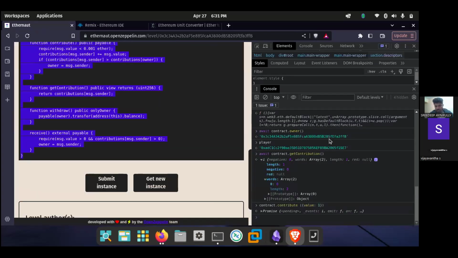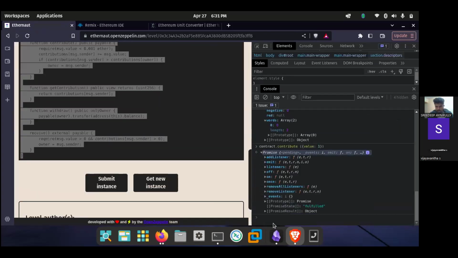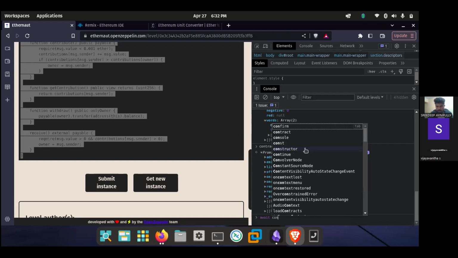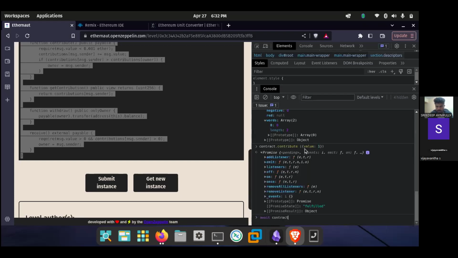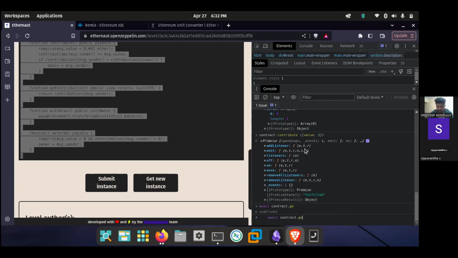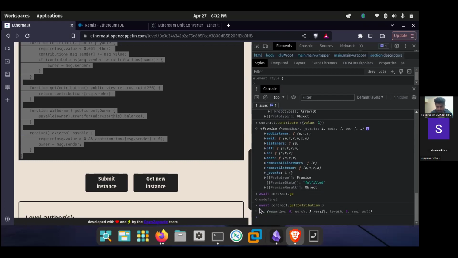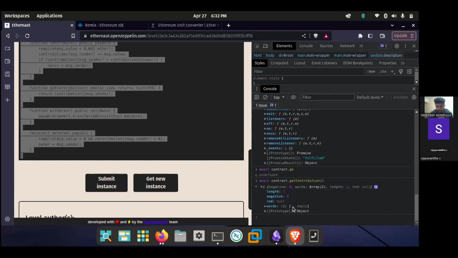Now we'll become the owner of this contract. We have contributed 1 ether to this contract. If you search for get contribution here, contract dot get contribution, you can see it has changed to one.